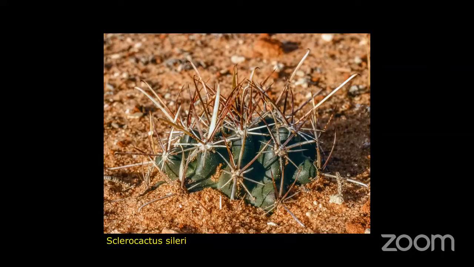It's very clean. There's no fine material in it. There's almost no organic material in it whatsoever. And it's only found growing in that type of soil. Notice that this plant has the expected spine types of a Sclerocactus. And it is a small plant, only about 1.5 to 2 inches in diameter.